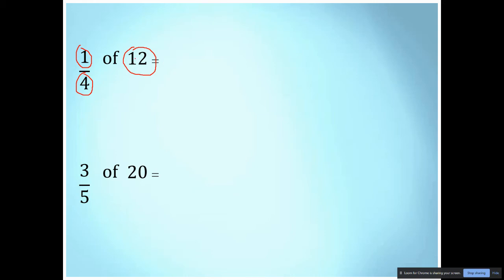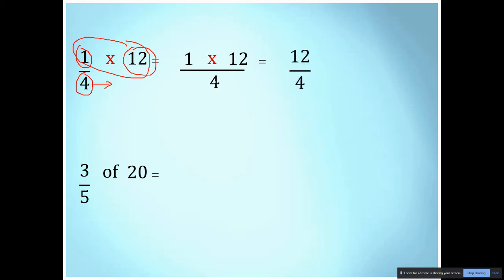So as I've said before, what are you going to do? We change 'of' to times, and then we will multiply this. 1 times 12, we multiply that and then we copy the denominator as the denominator in our new fraction. So 1 times 12 is 12, and then copy again the denominator there. Now that we got this, 12 divided by 4 is equal to 3.